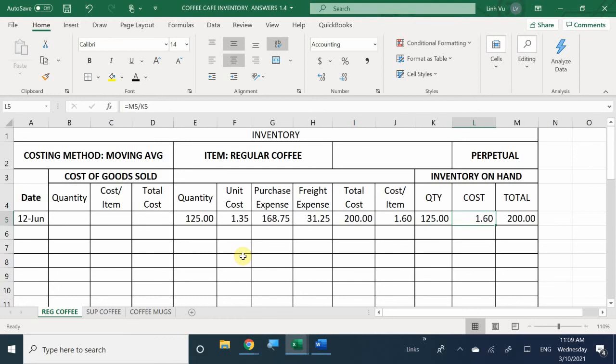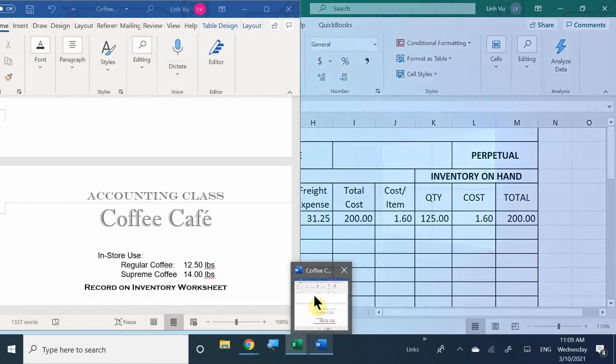So in this case, I'm using moving average. The good thing here is I'm only dealing with one batch. So I am going to type in right here under the cost of goods sold, how many pounds of the regular coffee did I use?